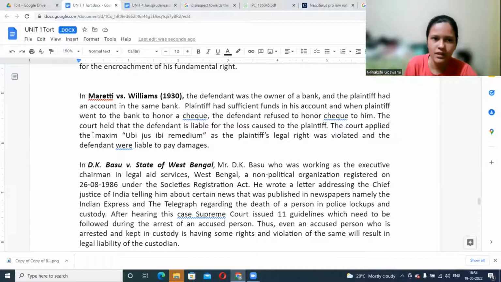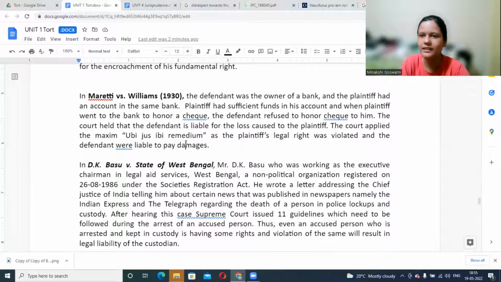The court held that the defendant is liable for the loss caused to the plaintiff. The court applied ubi jus ibi remedium, as the plaintiff has a legal right which was being violated. If there are no issues with the signature, amount or something like that, the bank is supposed to clear the check. If the check is proper, you clear it.